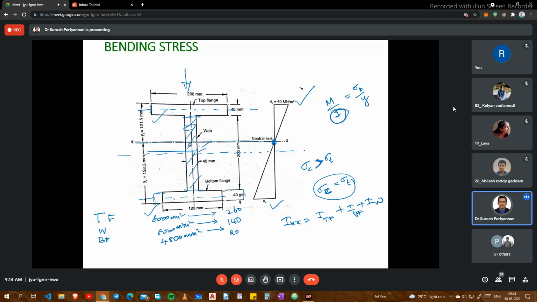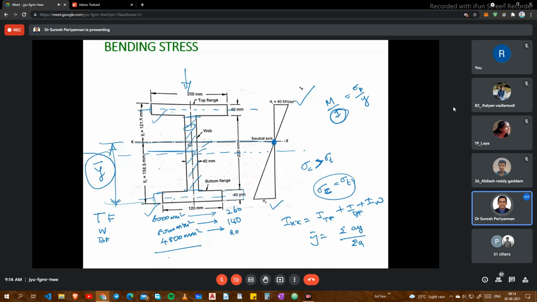Then this is our Ixx. Why do we need this? This is nothing but our Y bar, the neutral axis, where the neutral axis is acting. Then we have to find it out. What is Y bar? Y bar is equal to sigma A Y divided by sigma A, the total area.